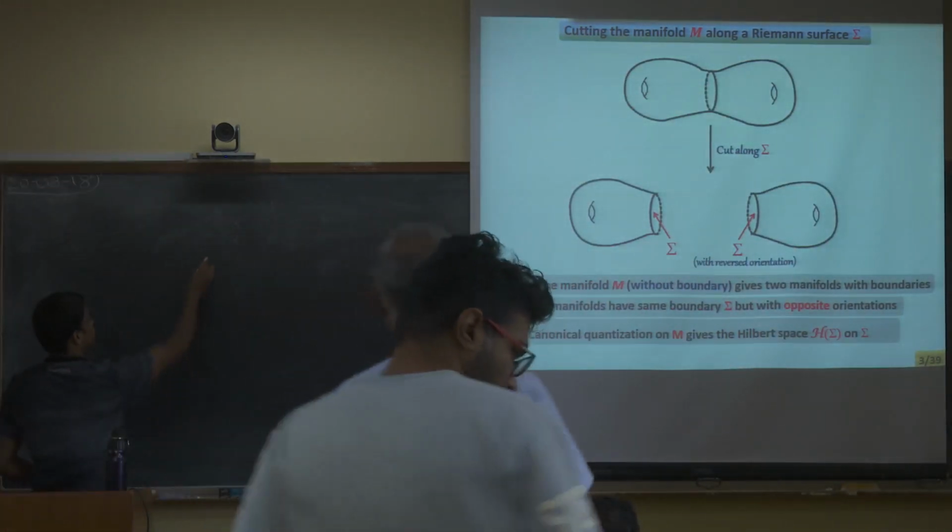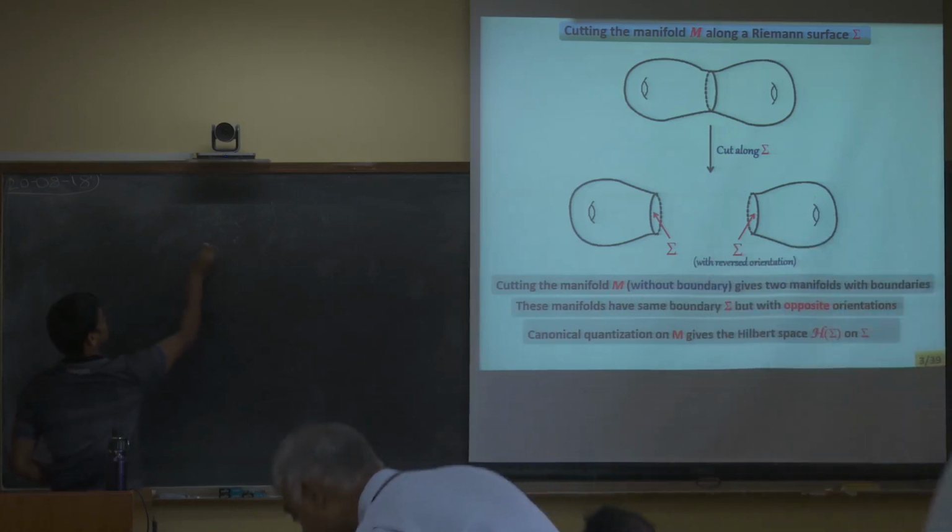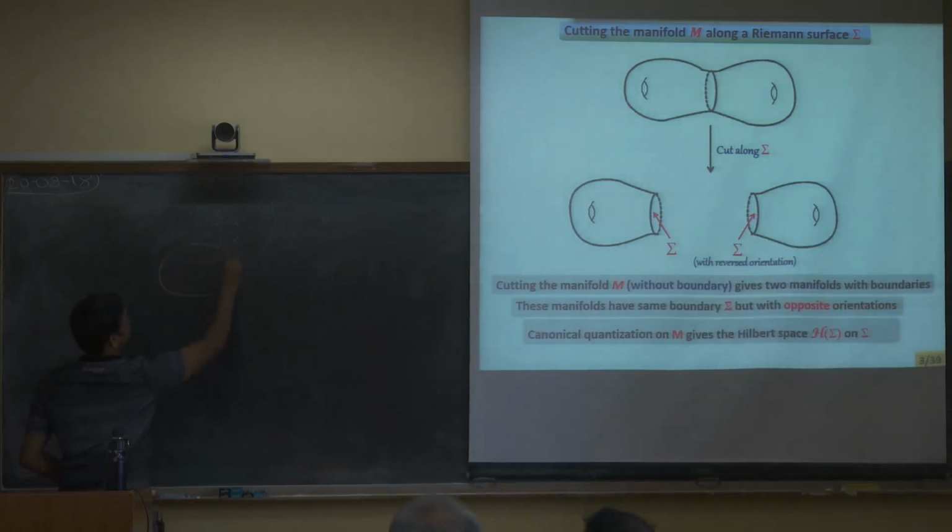So this is what canonical quantization means. If we have a manifold M which has some boundary sigma, then the canonical quantization on this manifold will give a Hilbert space on this boundary.